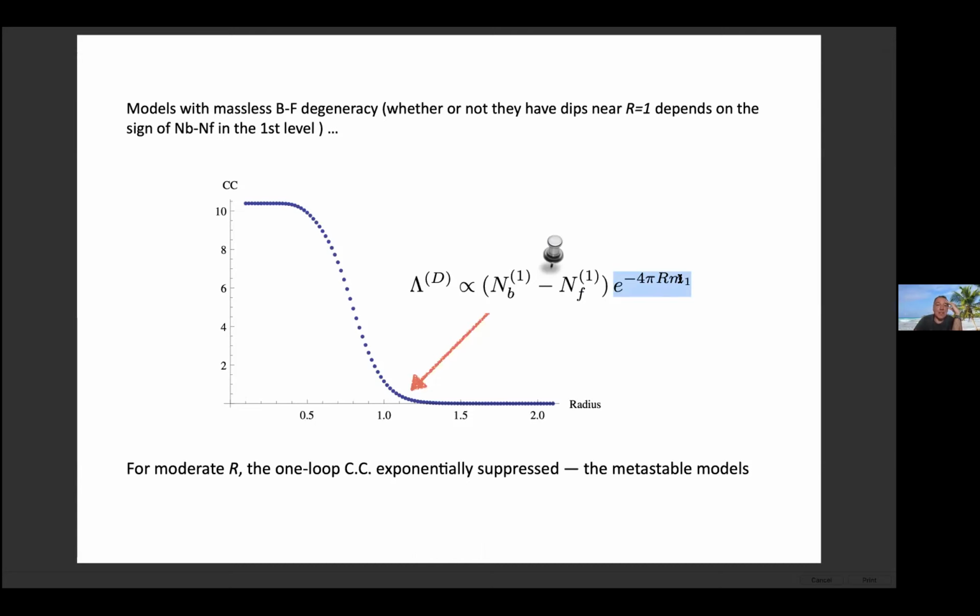M1 is the string mass, and so R M1 is large. So for moderate radius, the one-loop cosmological constant can be exponentially suppressed this way. This is our recipe for things which can be metastable, and this is the starting point for doing phenomenology.